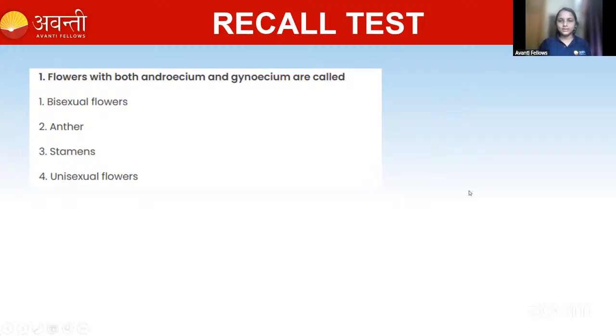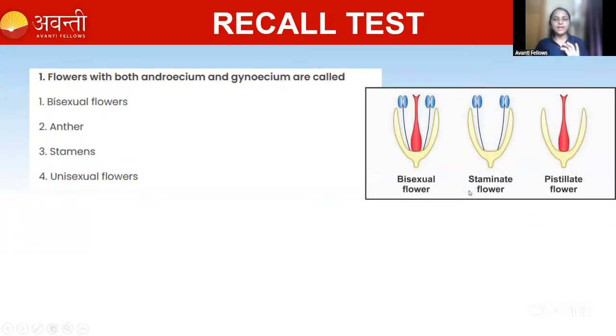Here you can see, guys. A flower that has both stamen and carpel, both the androecium and gynoecium, both male part and female part, is called a bisexual flower. Here the male reproductive organ is there and the female is also there. So this is called a bisexual flower. If it has only one of these two, we call it a unisexual flower.